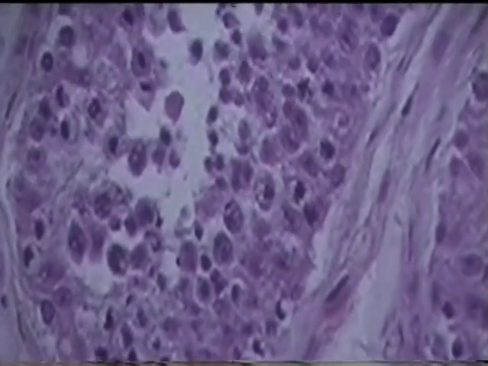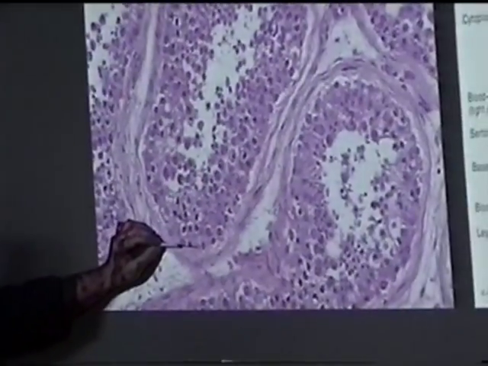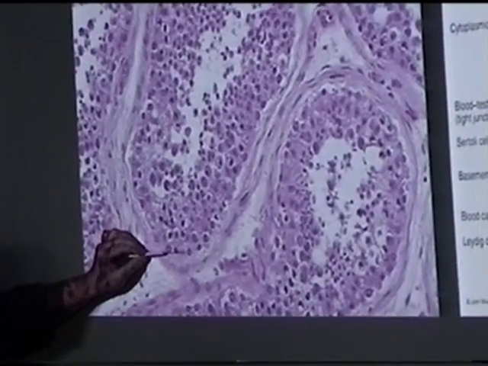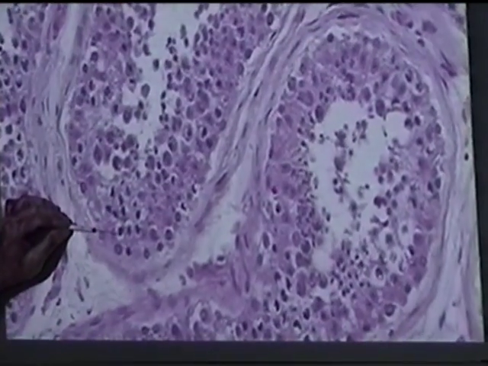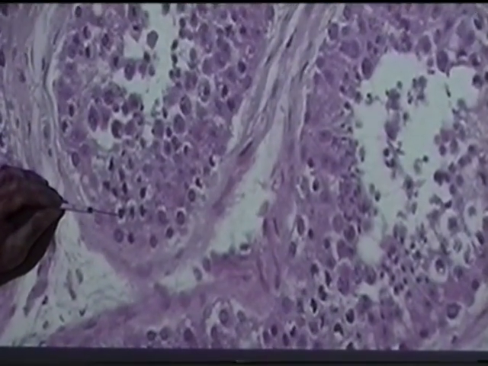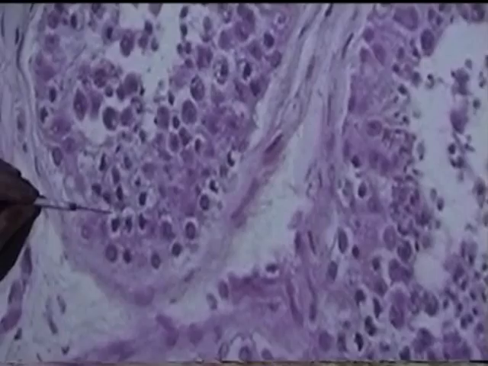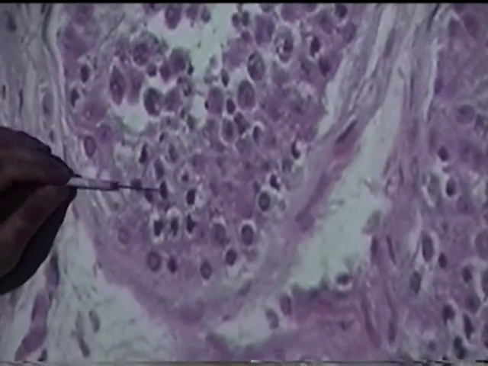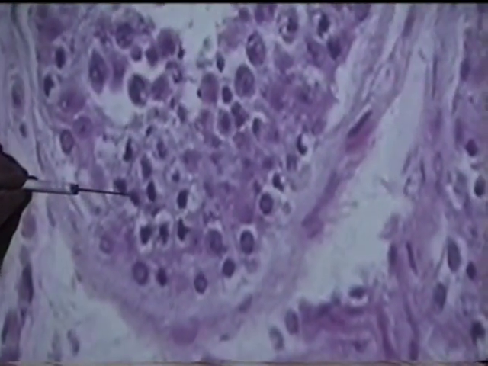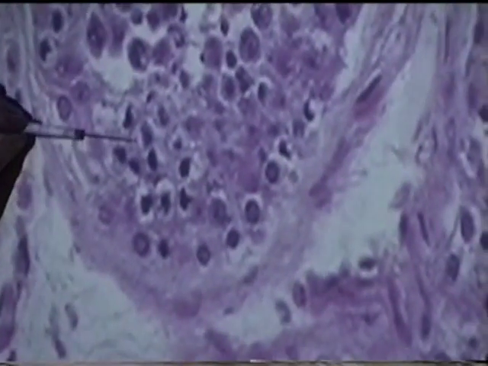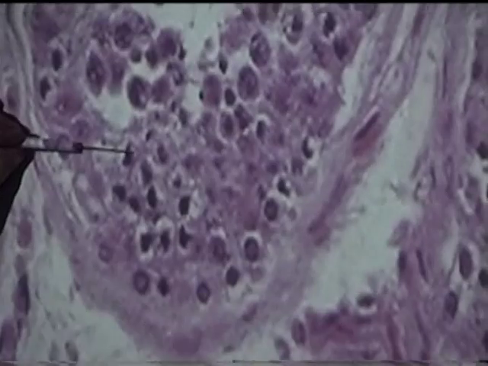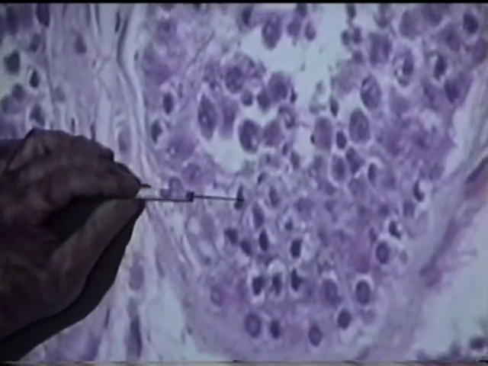And so the pattern in men is we start with a spermatogonia, we undergo mitosis, one of the daughter cells becomes a primary spermatocyte. It undergoes meiosis 1 and forms 2 secondary spermatocytes. And then each secondary spermatocyte undergoes meiosis 2 and forms 2 spermatids.